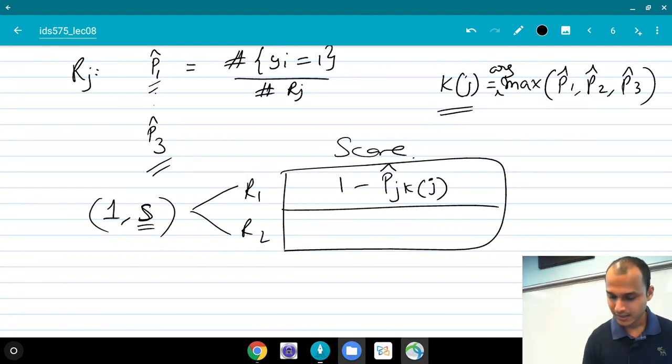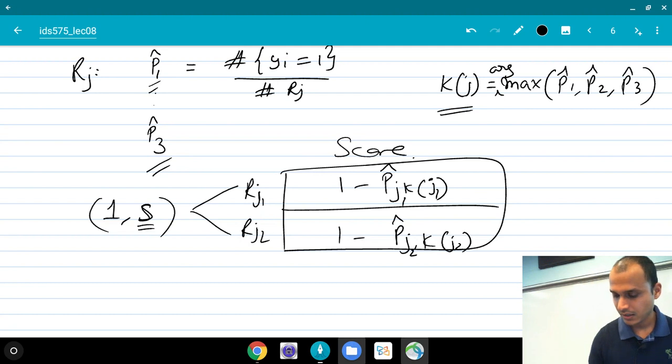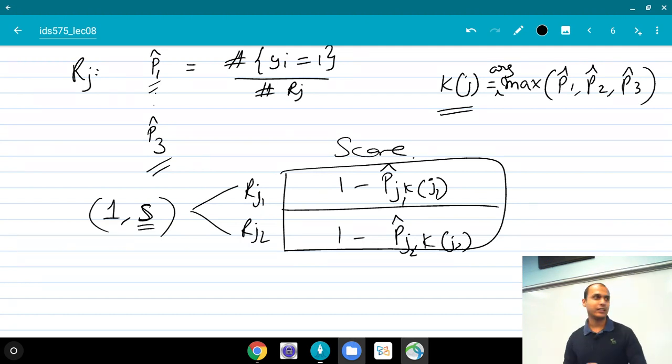Let's call this region J1. This looks like a lot of notation, but it just means that the score is going to be the misclassification error in that region.